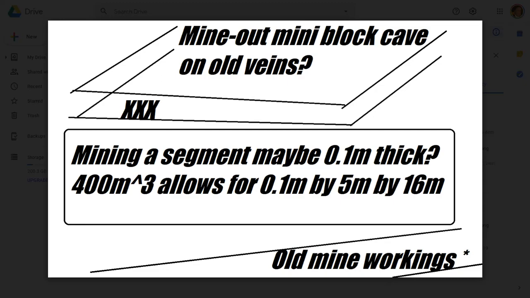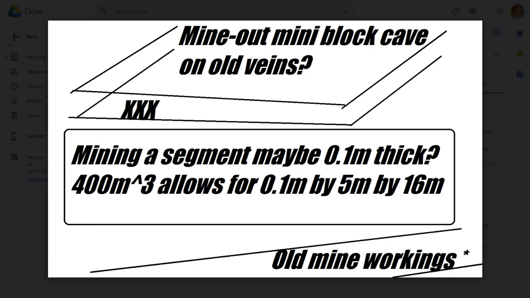And if those things expose high grade, then it's basically the right thing to do. And the question is, how do you mine it? The answer might be by hand to some degree, or at least with assisted or customized equipment.